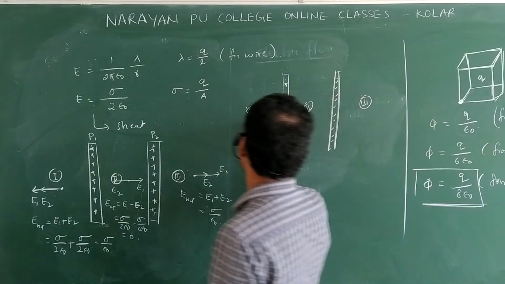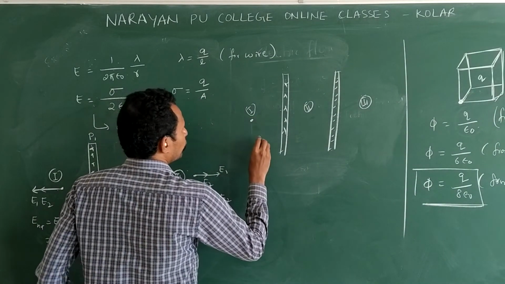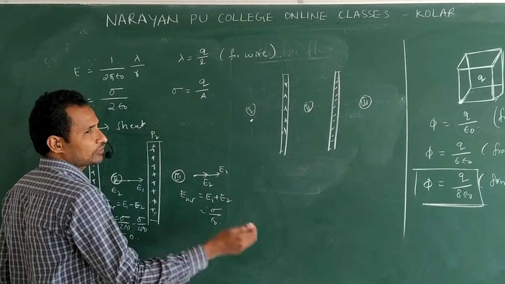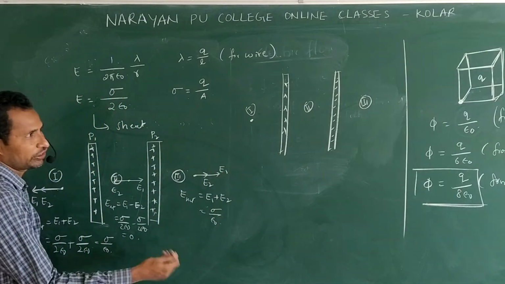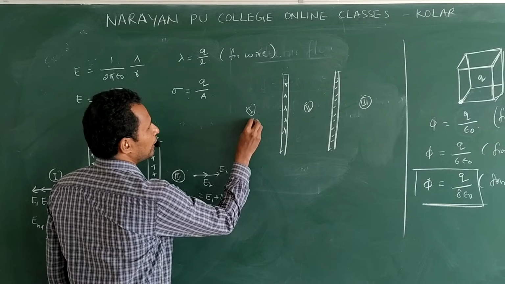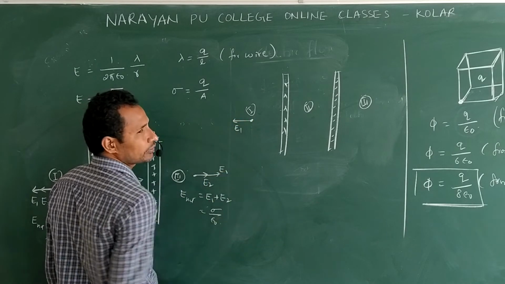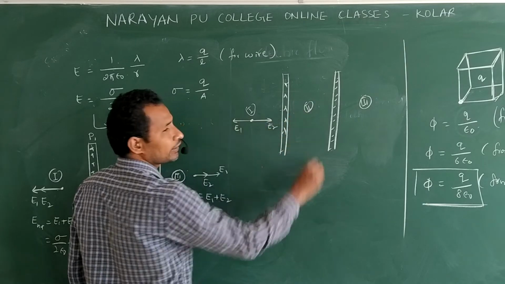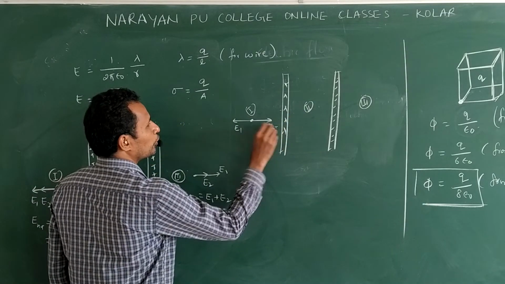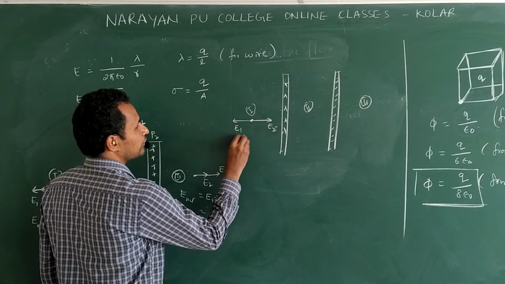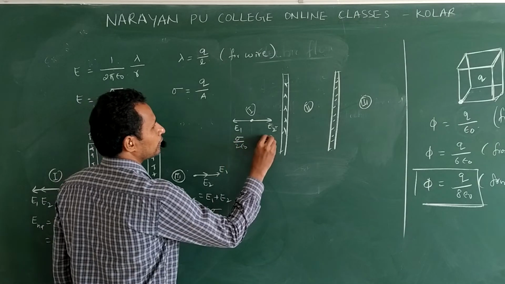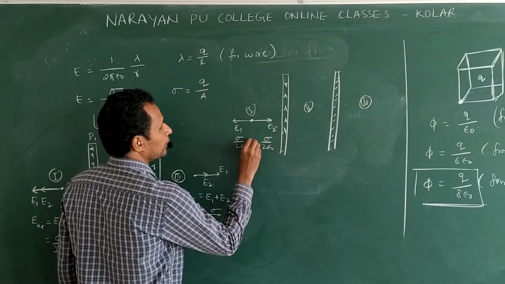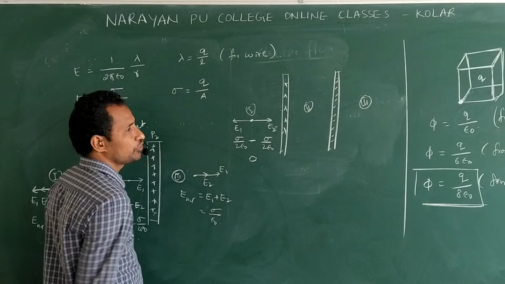The distance does not matter here; it does not affect the magnitude. For the positive plate, the field acts away in this direction, E1, and for the negative plate the field acts inwards, E2. In one outer region, both are in opposite directions, so sigma by 2 epsilon naught minus sigma by 2 epsilon naught, the answer is 0.